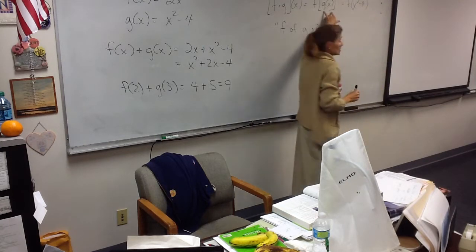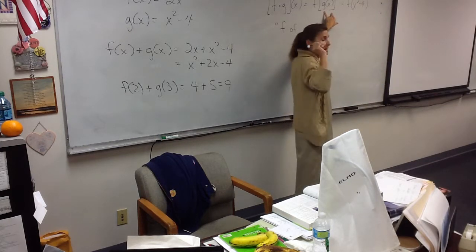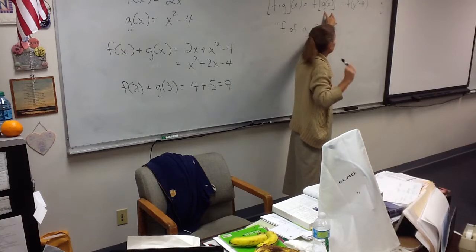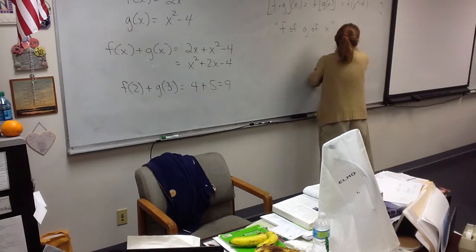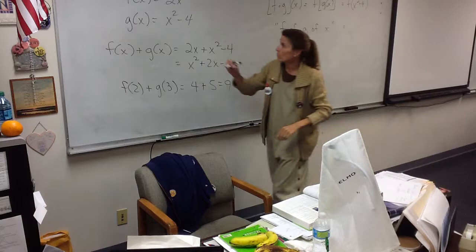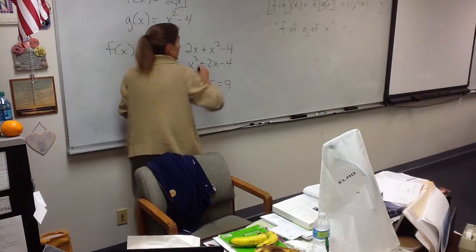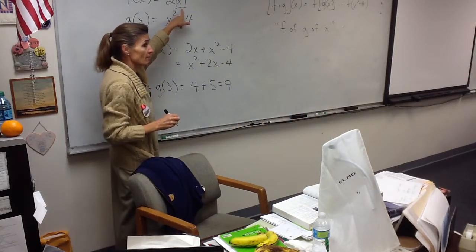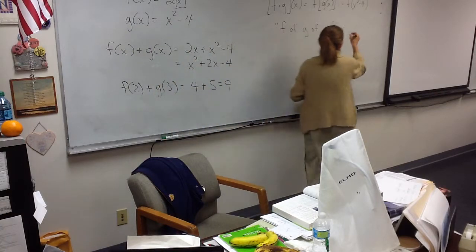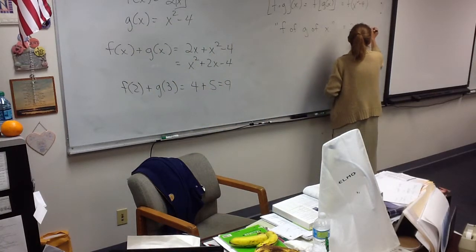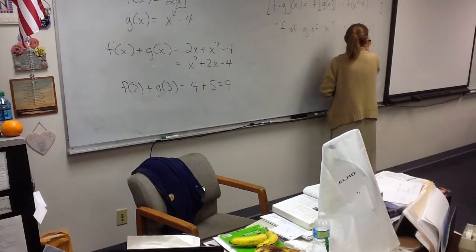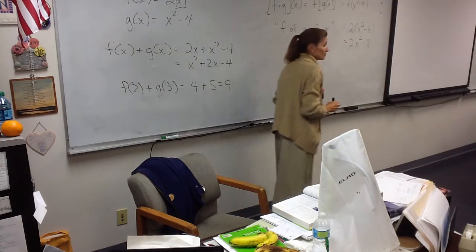It'd be 2 times, because g is x squared minus 4. Now I'm going to plug that into my f function, and remember how that works. Whatever you plug in place of x. So that would be 2 times x squared minus 4, or 2x squared minus 8.